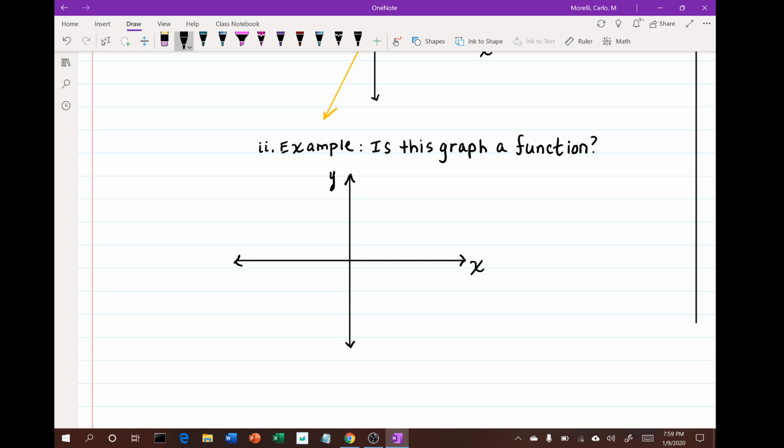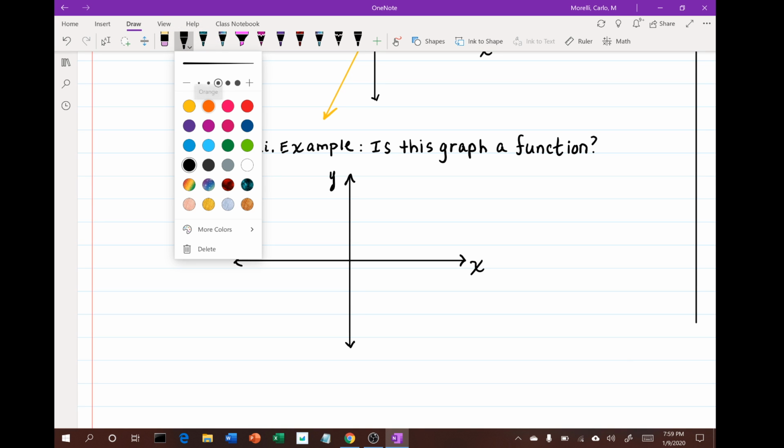So they expect there to be one that isn't a function. So I'll do one that is. Right. First, let's put some points down.